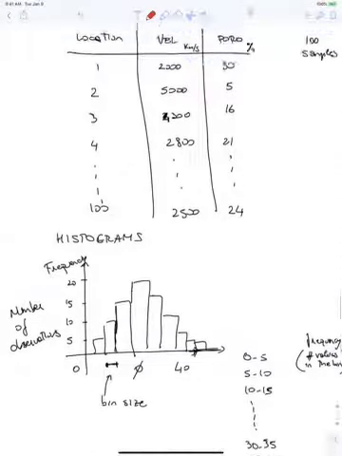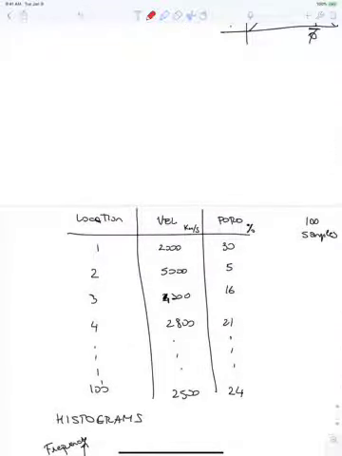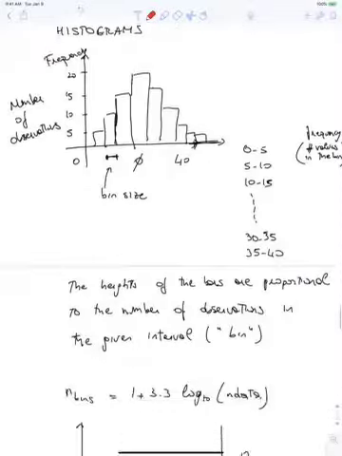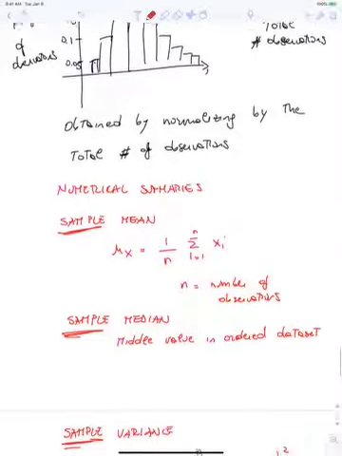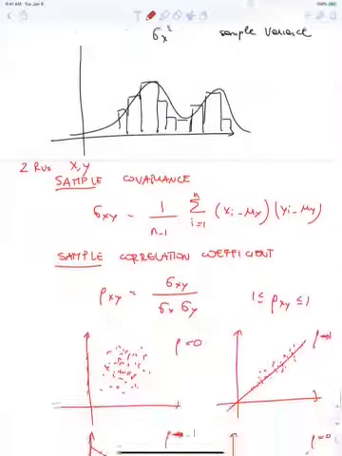And then we saw how to use empirical data to estimate some of these parameters, like the mean and the variance of a distribution, and also the correlation coefficient.